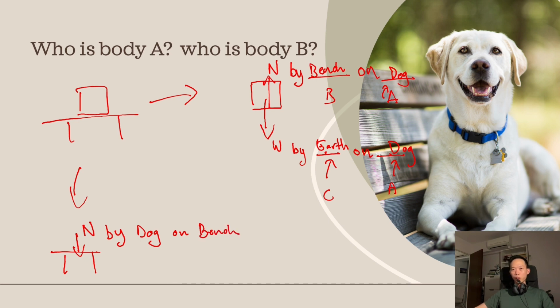Similarly, the bench is also affected by gravity, so the bench also has its weight, which is exerted by the earth on the bench. And then the bench is resting on the floor, so the floor is supporting the bench, pushing it up. So you have another normal contact force by the floor on the bench.